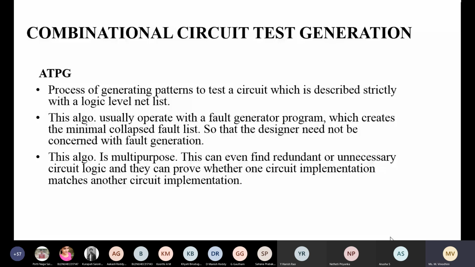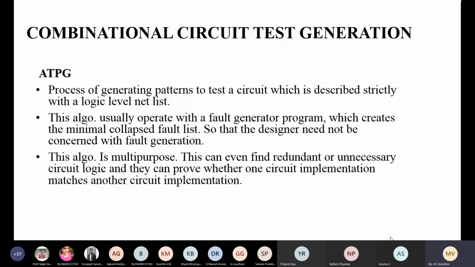What is the other purpose of this ATPG algorithm? Using it, I can even identify redundant hardware present in the circuit. You need to recollect what we discussed about redundant hardware and redundant faults. In any circuit, a few blocks or signal lines can be redundant, that means unnecessary, not required in that circuit.